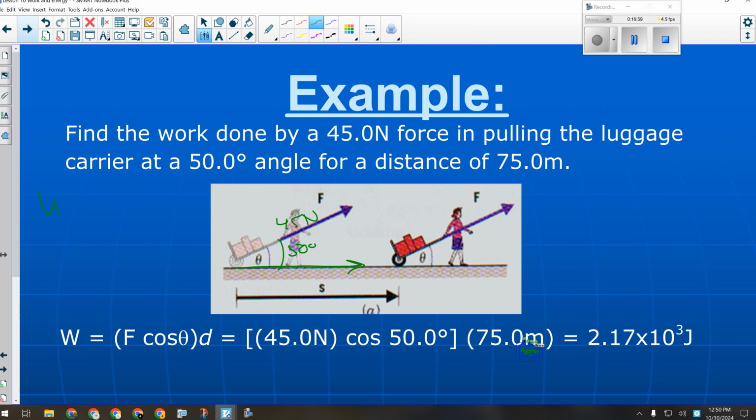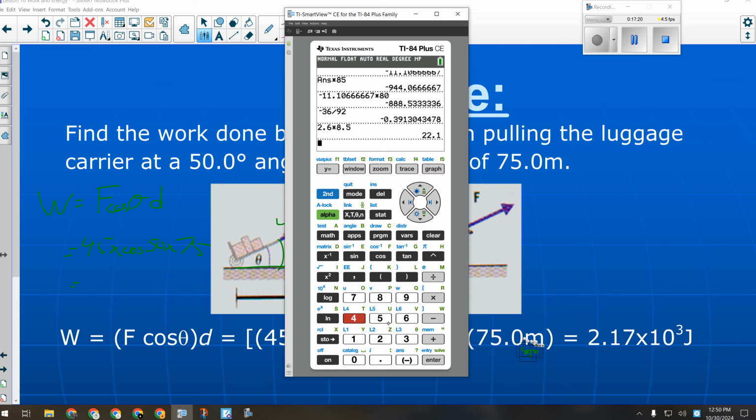So if I want to calculate the work done, if she pulls it 75 meters, then I go F cos of theta times D, so that'll be 45 newtons times the cos of 50 degrees times 75 meters. Okay, so 45 times the cos of 50 times 75.